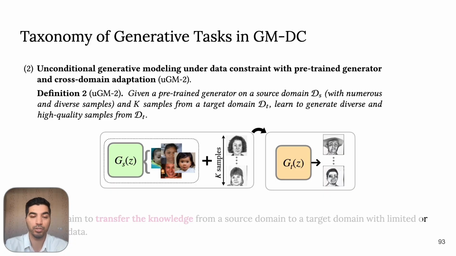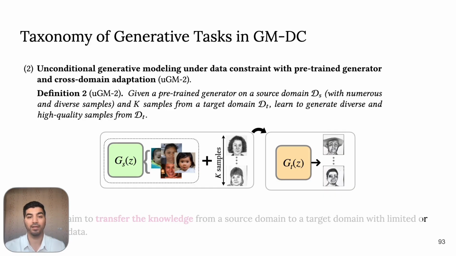Second task is unconditional generative modeling under data constraint with pre-trained generator and cross-domain adaptation. We call this UGM2. And in this task, we are given a pre-trained generator on a source domain. For example, here we have a pre-trained generator on FFHQ dataset. And this generator is trained with numerous and diverse samples. And because of that, it is capable of generating high quality and diverse images from source domain.